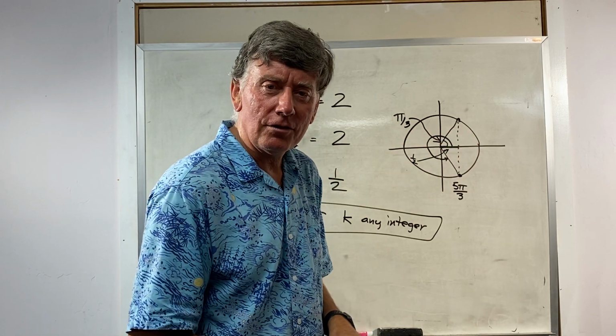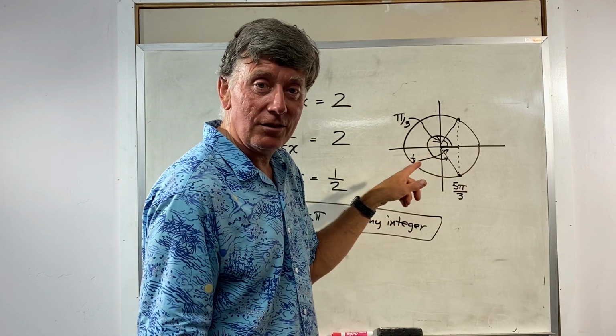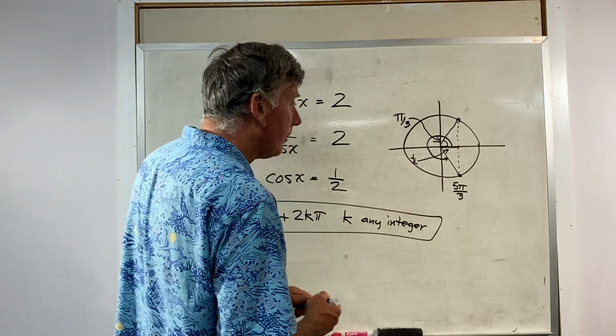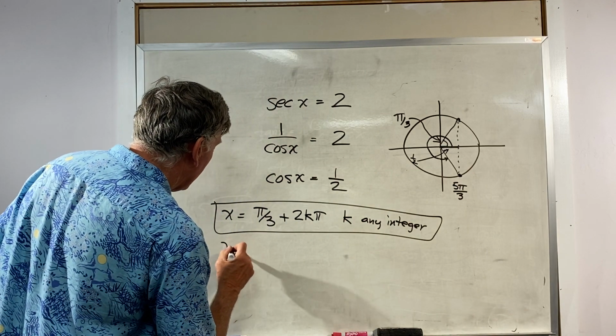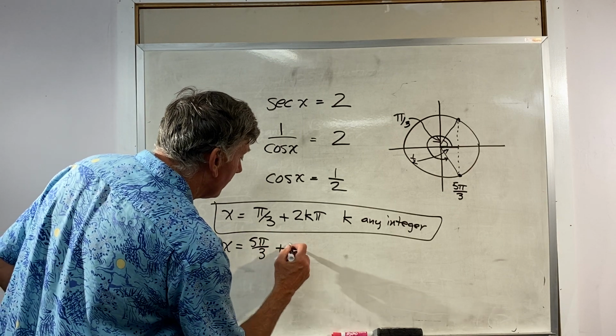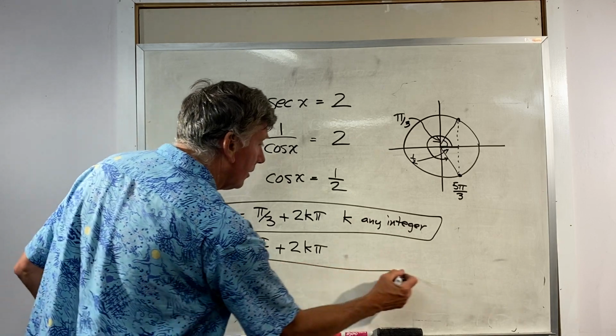It's 5/3 of the way around the circle. 2 pi over 2 pi is 6/3 of the way around the circle. So that's my other answer. X is equal to 5 pi over 3 plus 2k pi, k any integer.